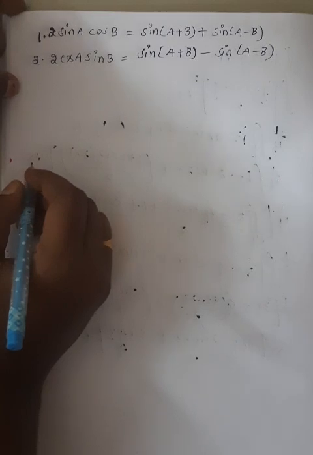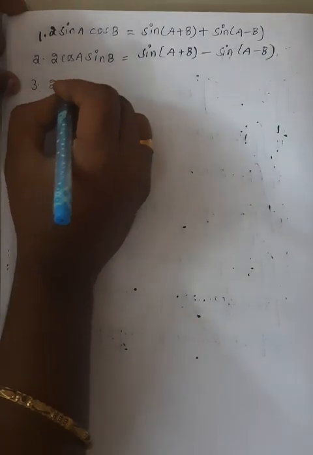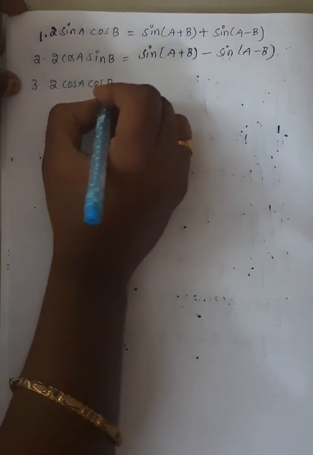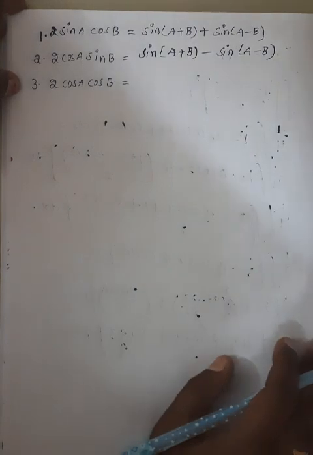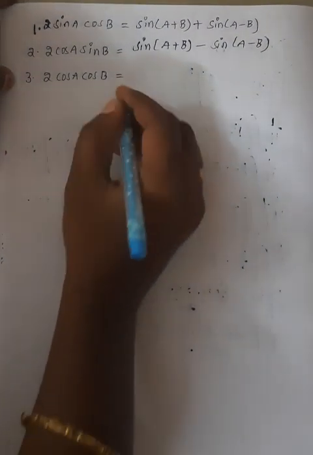Now the third formula is 2 cos a cos b, which is equal to cos of a plus b plus cos of a minus b.